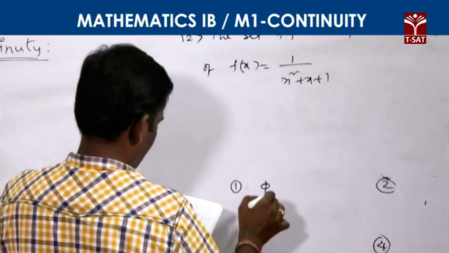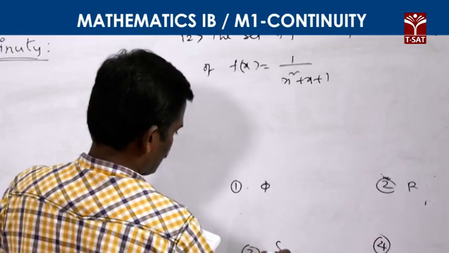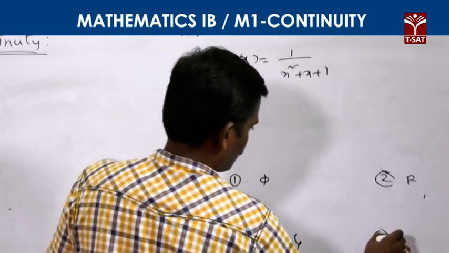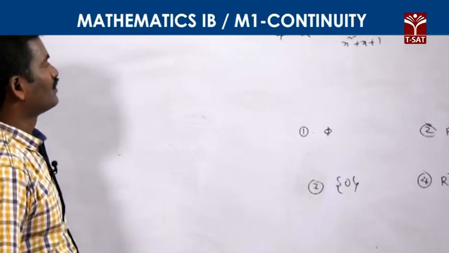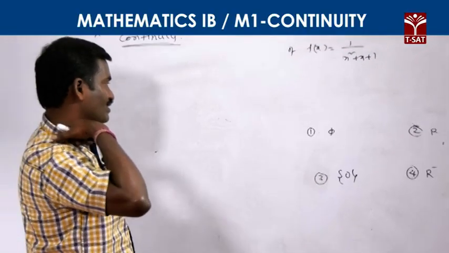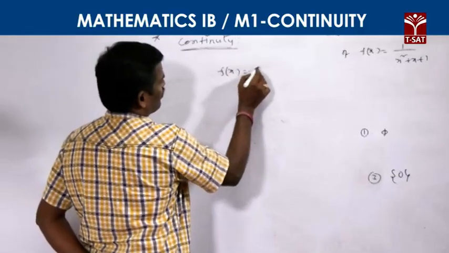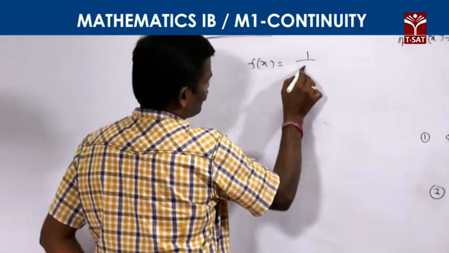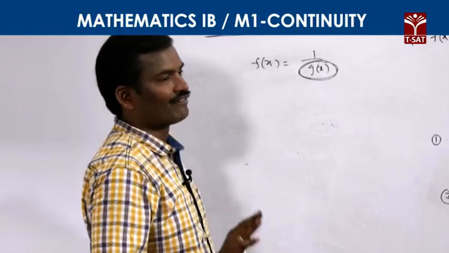The options are pi, or null set, 0, or minus. So he is asking about discontinuity. Whatever function is given, in g of x form, this function is defined only where the denominator is not zero.